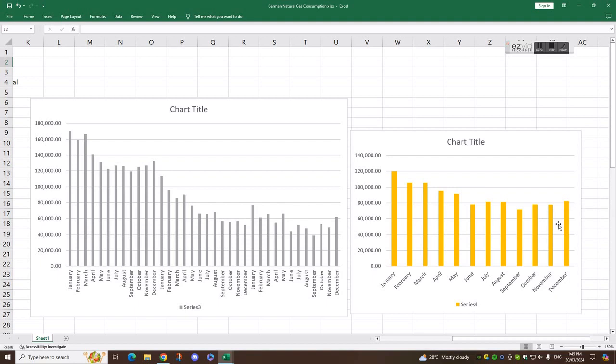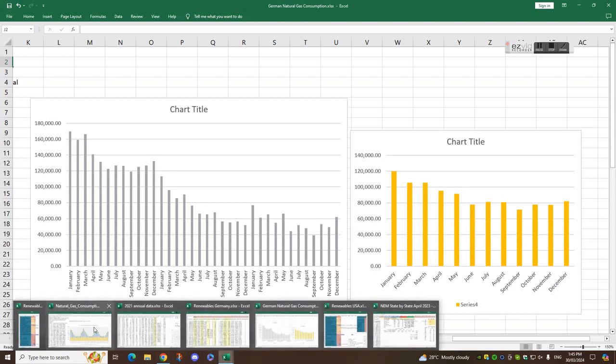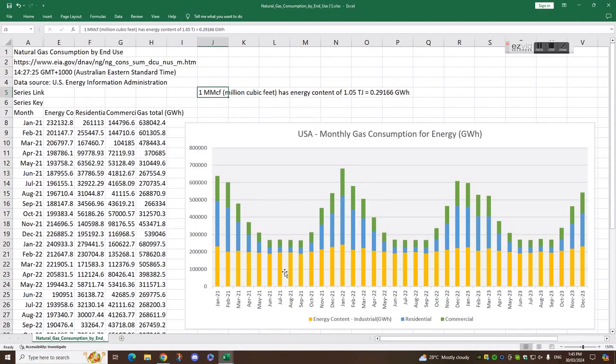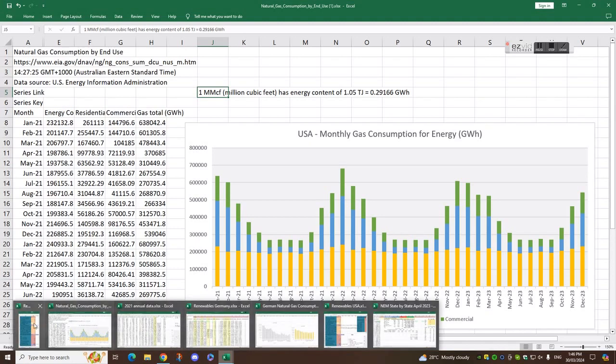And I used the same data for all 3 years for Germany. For the US, I used the individual monthly values for the different years: the 2021 data for 2021, and so on, 2022 data for 2022, and 2023 data for 2023.